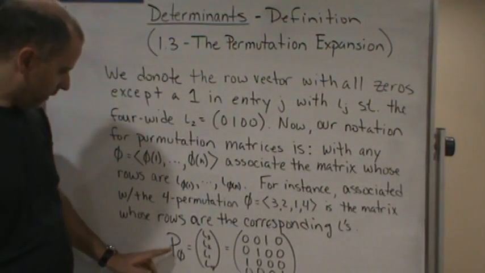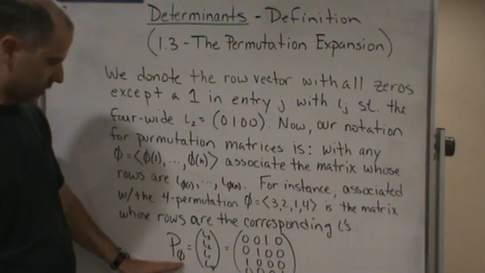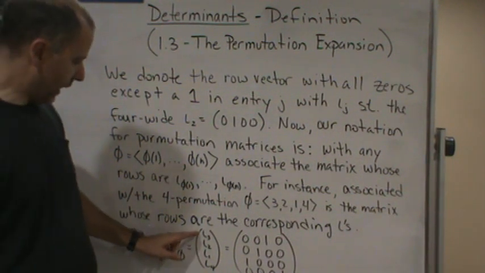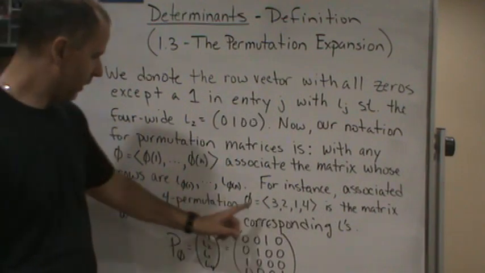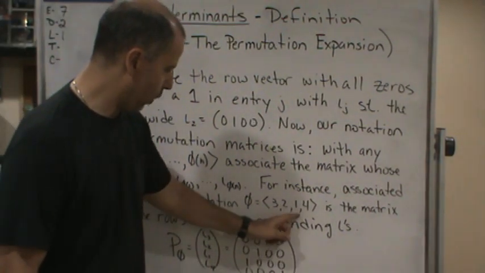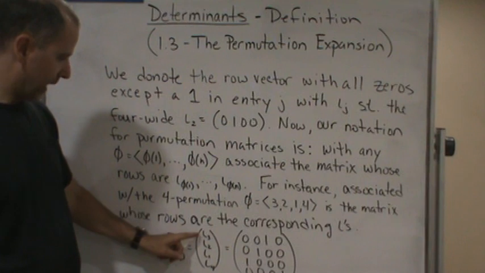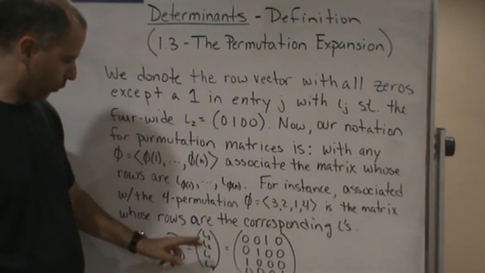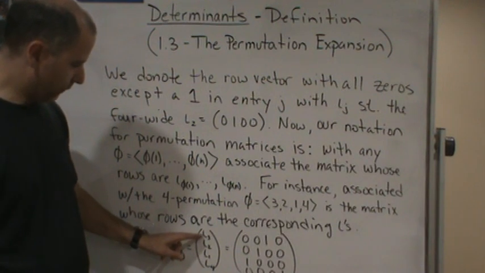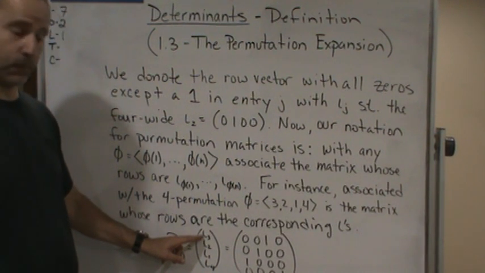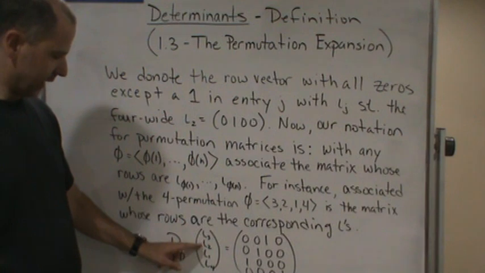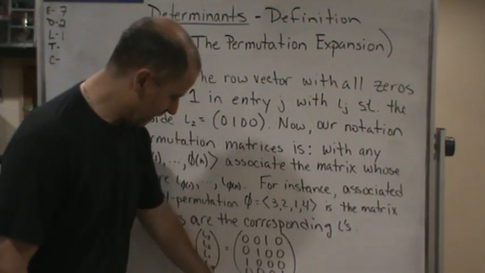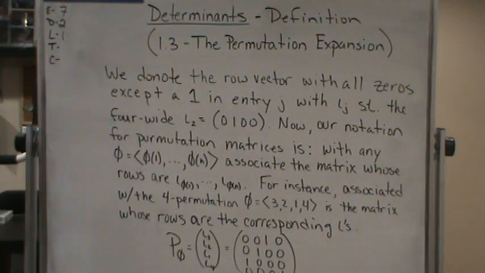Meaning, if I have this permutation matrix with respect to a permutation, I would have this, right? Because this is the permutation 3, 2, 1, 4. So that means I'm going to have iota 3, iota 2, iota 1, and iota 4. So in the first row, the 1 is going to be in the third position. In the second row, it's going to be in the second position, and so on and so forth. And I get this permutation matrix.